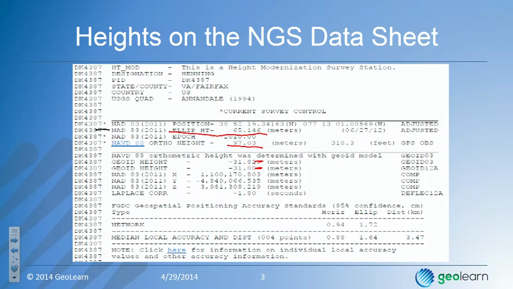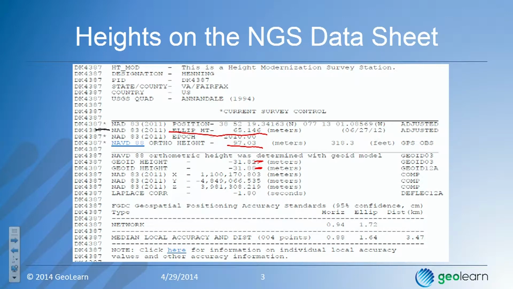So how different are they? Well, there's 6 centimeters difference in those. So you're thinking, well, I guess it's going to depend which one of those I use. I'm going to get a substantially different result. We'll talk about that. If you notice on this sheet, there are also accuracies. There's a network accuracy at 95% confidence, and there's a local accuracy, median local accuracy.